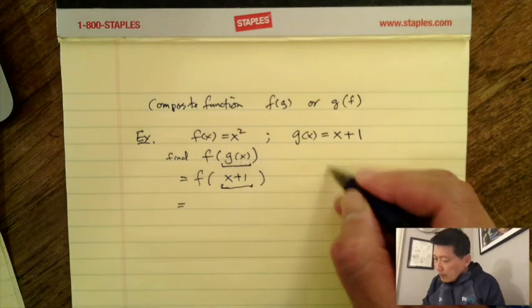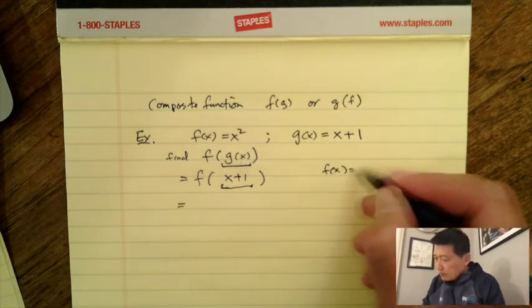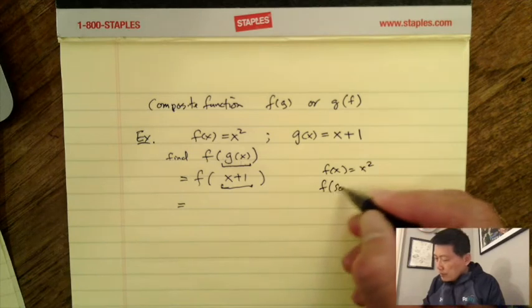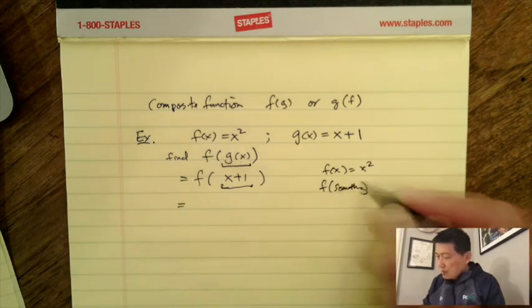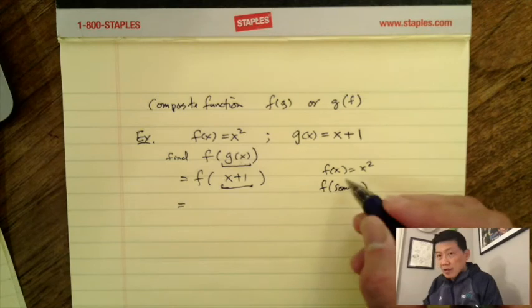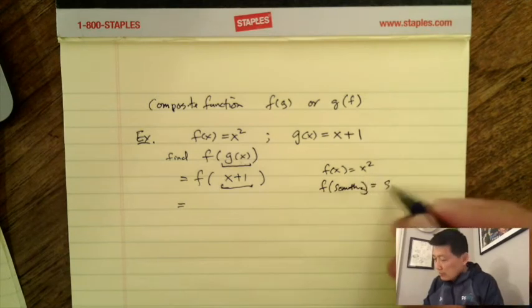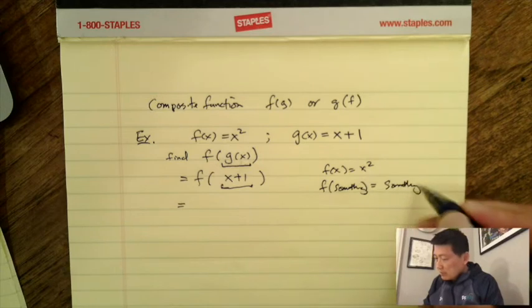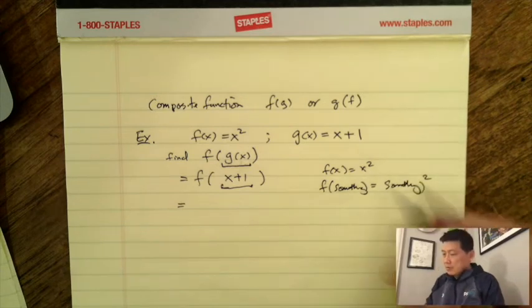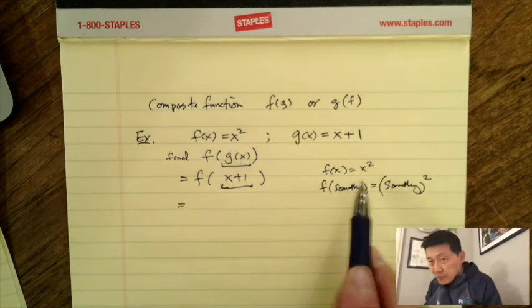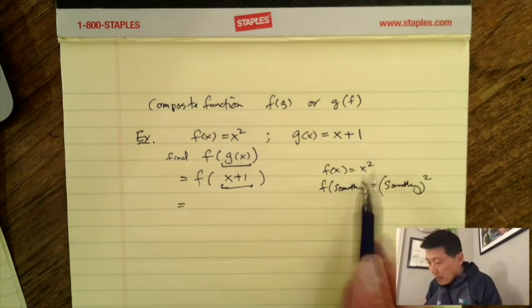When we have f of x equal to x squared, you can think of it as f of something, and whatever that something is inside the parentheses, you apply the rule of something squared. This is very particular to this function called x squared.